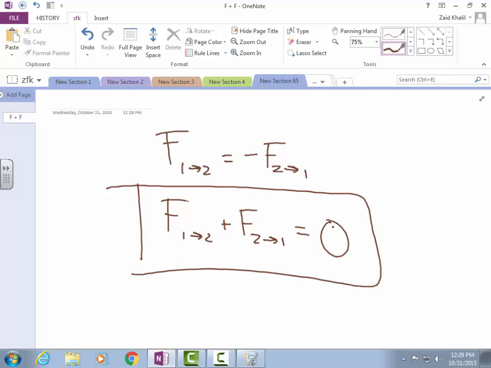So when you're looking at an Atwood and you do the systems approach, you can't solve for the force of tension because it's internal. It does not contribute to the overall system. So what contributes to the overall system? The external forces acting on the system.